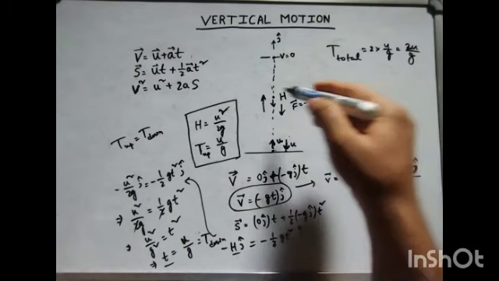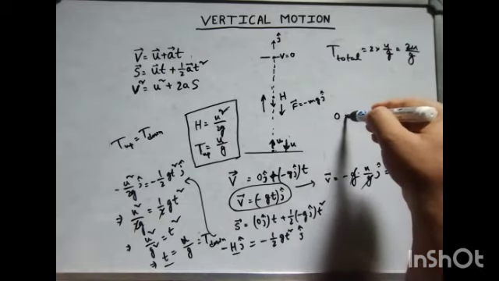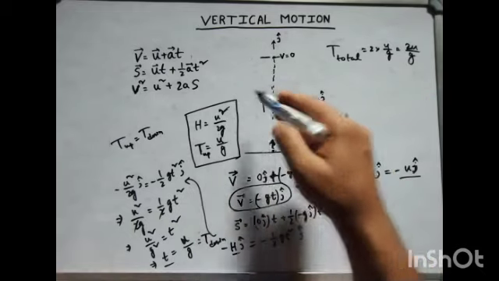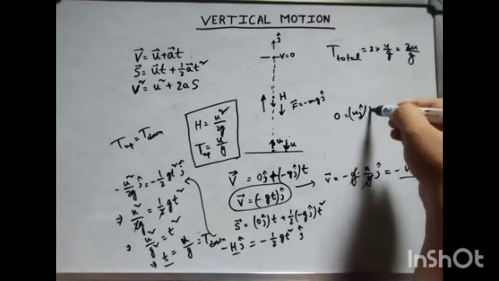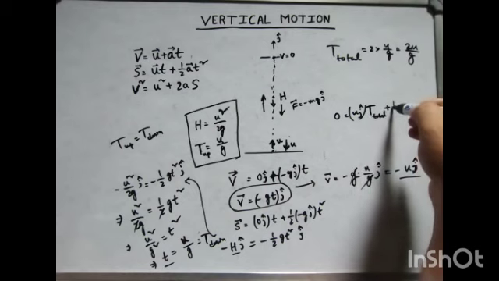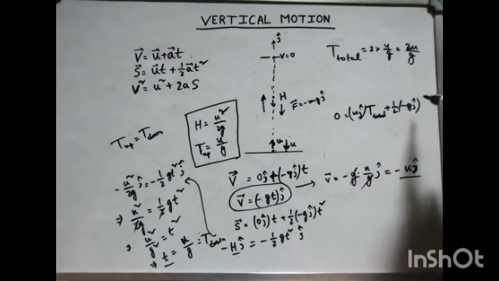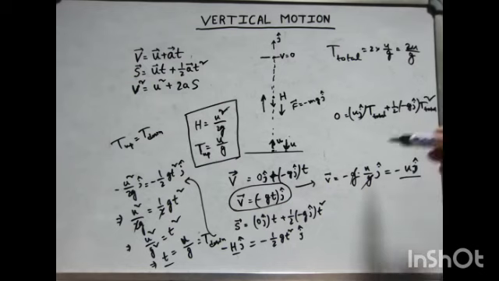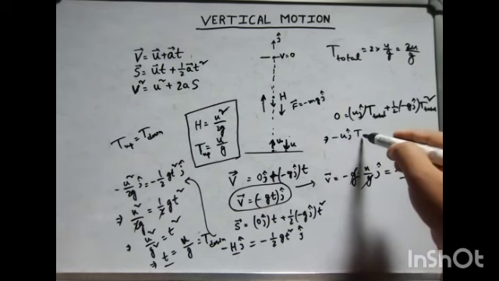Then you can find that s vector, the net displacement, is 0 in that case, and then u vector, the initial velocity, is u j cap, and t is the total time of flight, t total, plus half a vector is always minus g j cap, and t is here t total square.